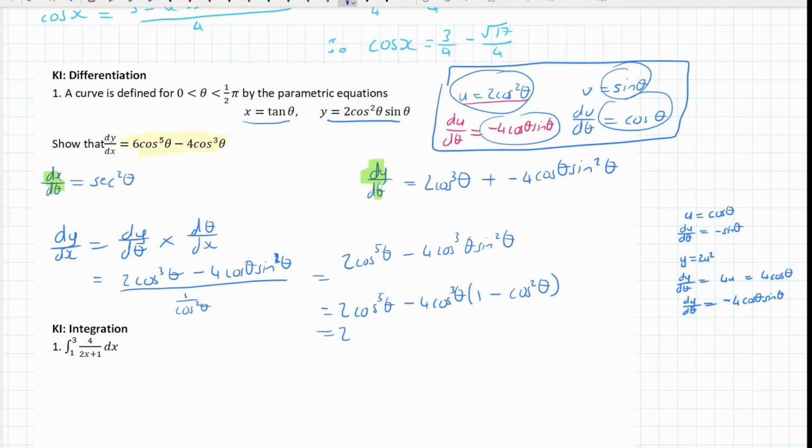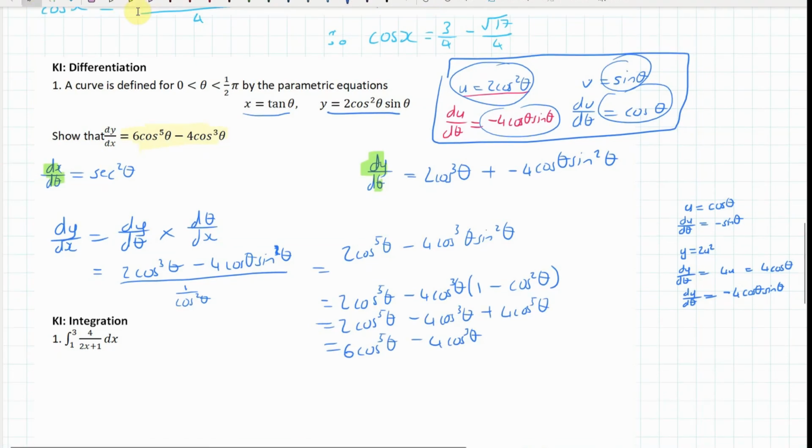And this gives us 2 cosine to the 5 theta minus 4 cosine cubed theta plus 4 cosine to the 5 theta, which is 6 cosine to the 5 theta minus 4 cosine cubed theta. And we're done. That was a really tricky one. Hope that makes sense. You might want to re-watch that and look at the approach that we took again.